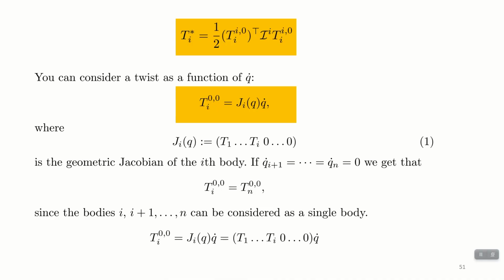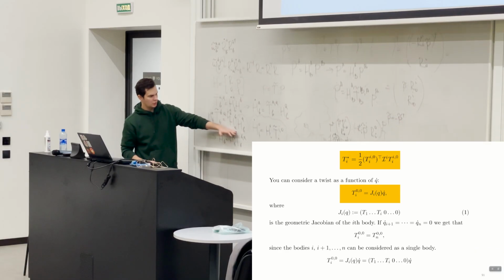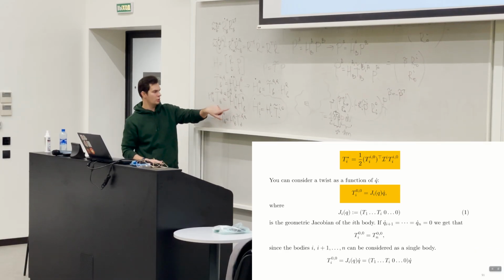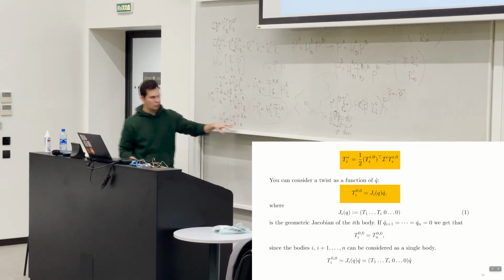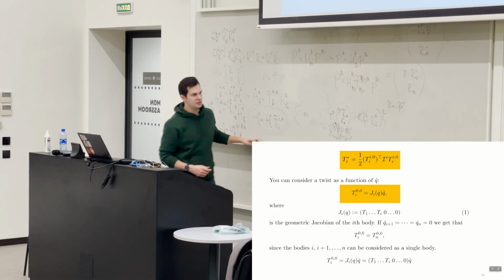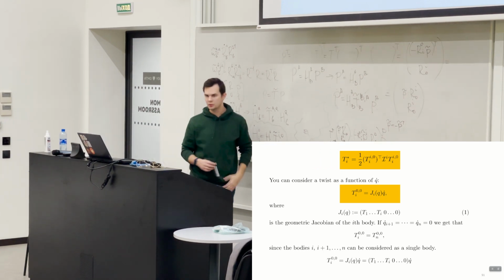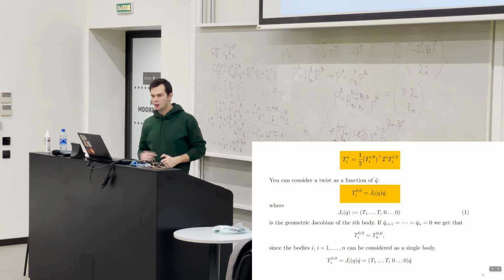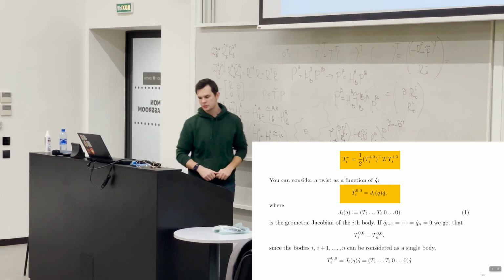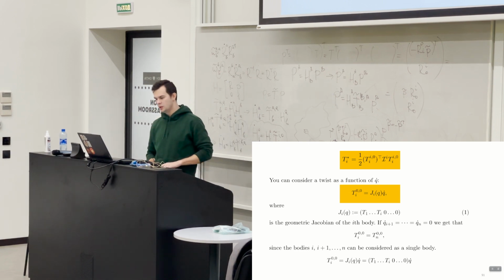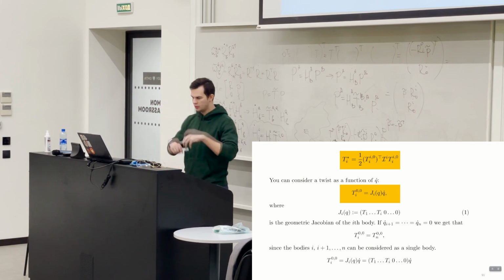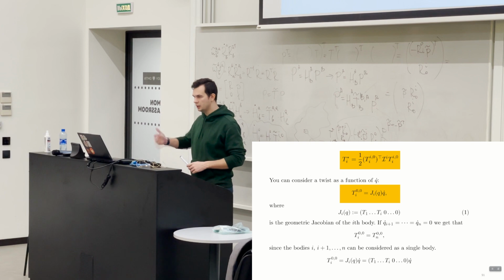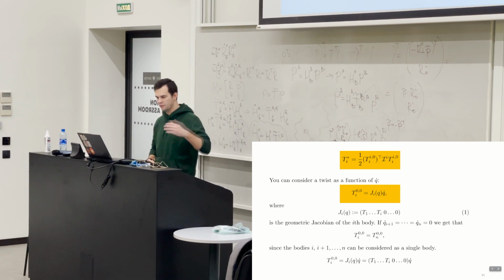How to compute the twist? One way is using this notation, if you know the h's, or, even simpler, we can use the Jacobian. In the previous lesson, we derived the Jacobian not only for the whole robot, but for each link: the first, the second, for all of them.